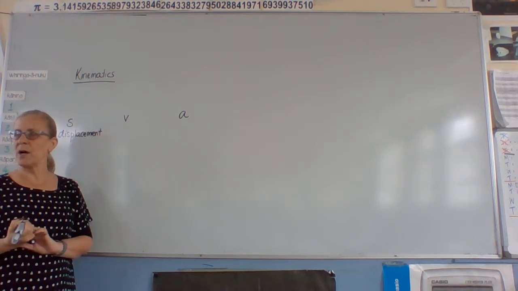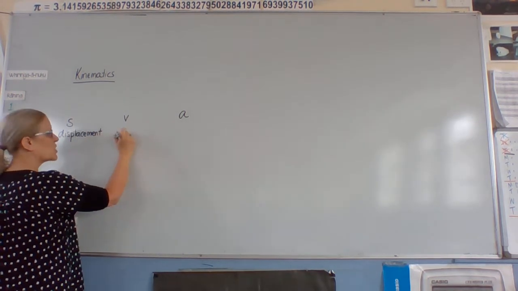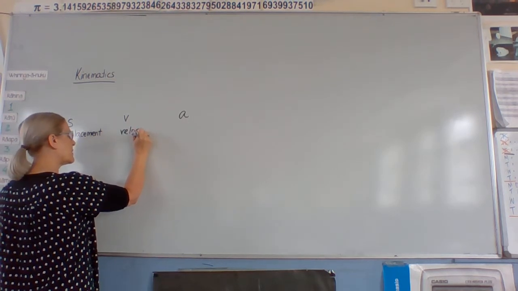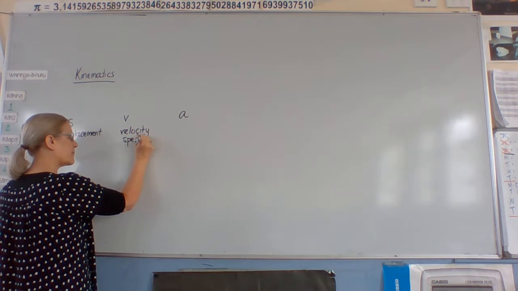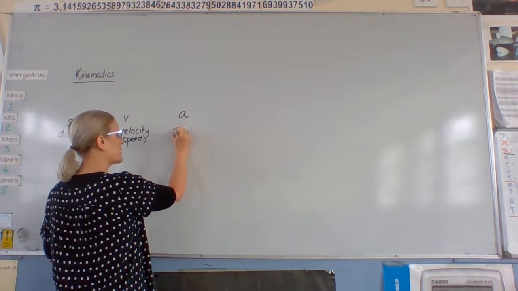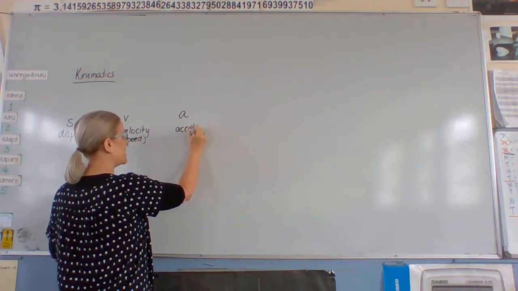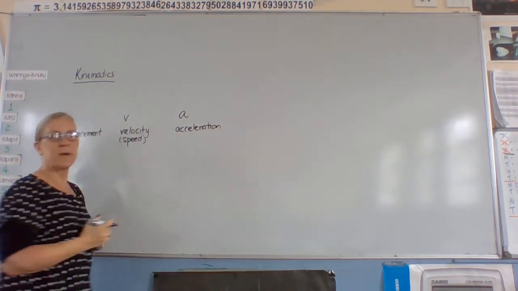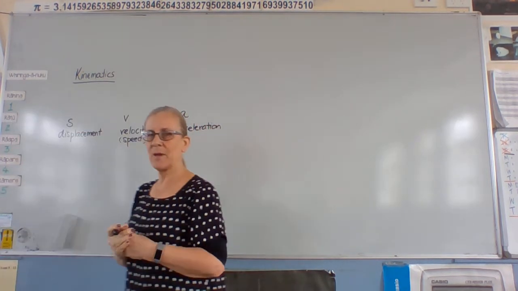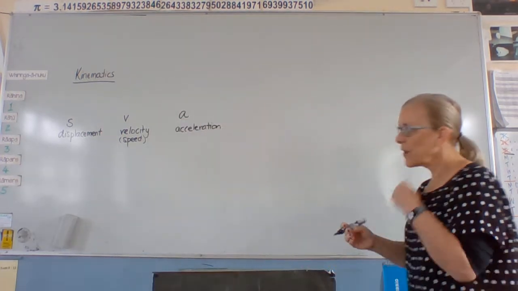V stands for, which is what? Okay. Which is where people get confused because S seems to say that it should stand for speed, but it doesn't. So those are our three things.